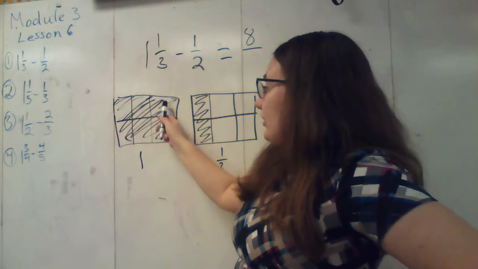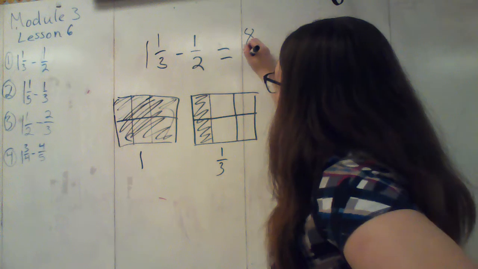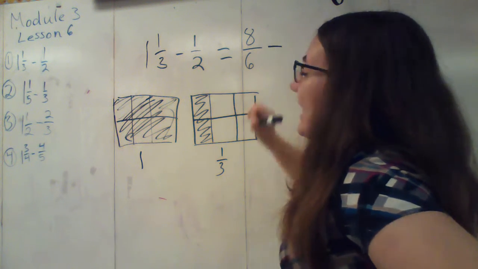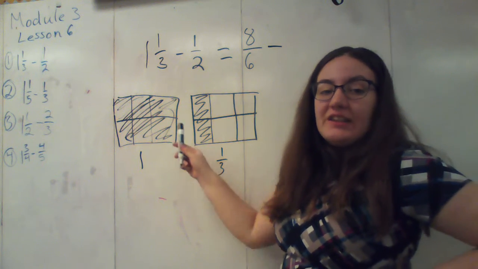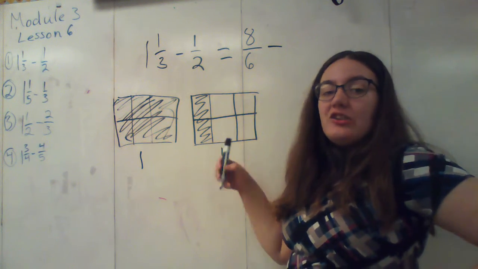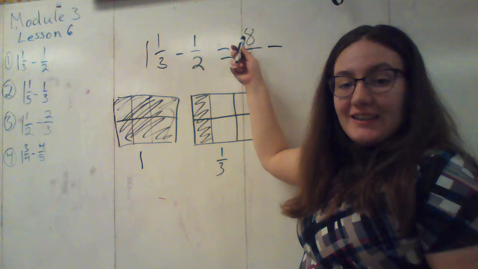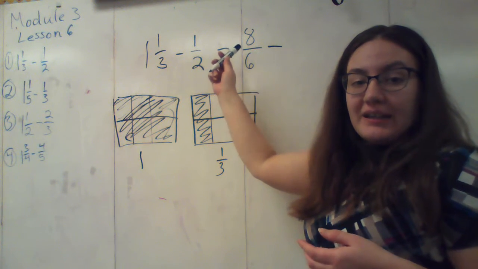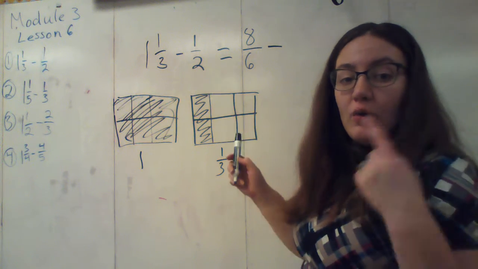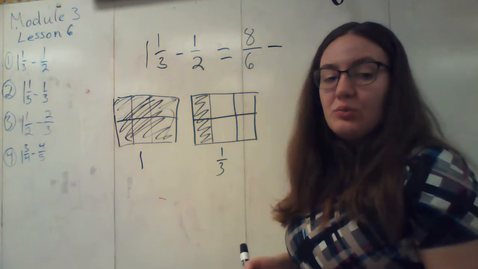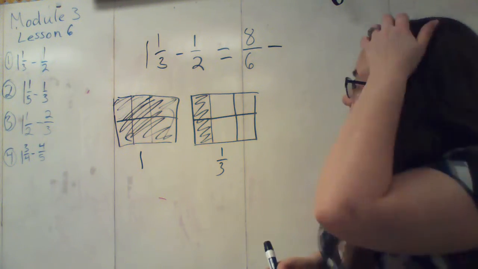So I have 1, 2, 3, 4, 5, 6. So my new equivalent fraction is 8/6. So 1 1/3 and 8/6 are the same thing. It's just a different way of showing them. And I know that 8/6 is greater than 1 because 6/6 would be a whole. So 8/6 would be more than that.